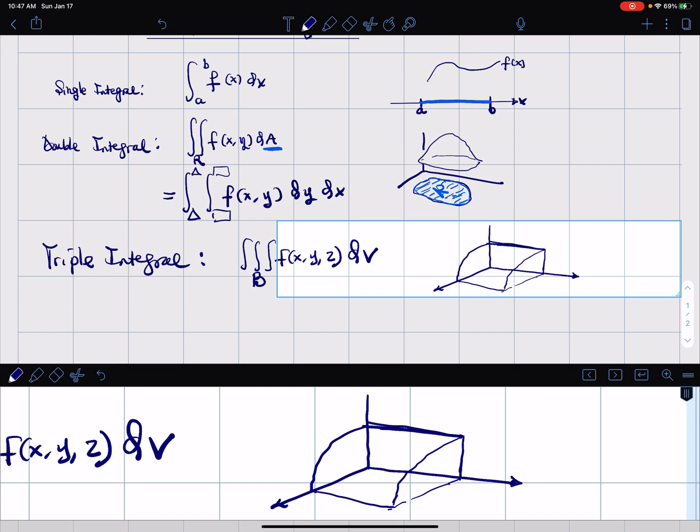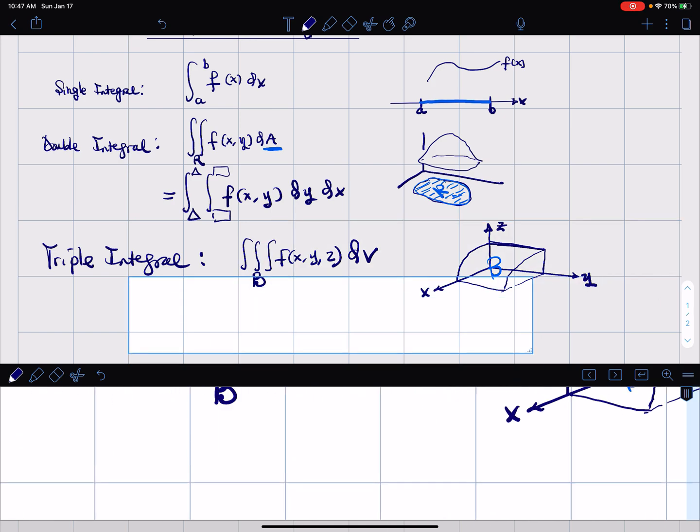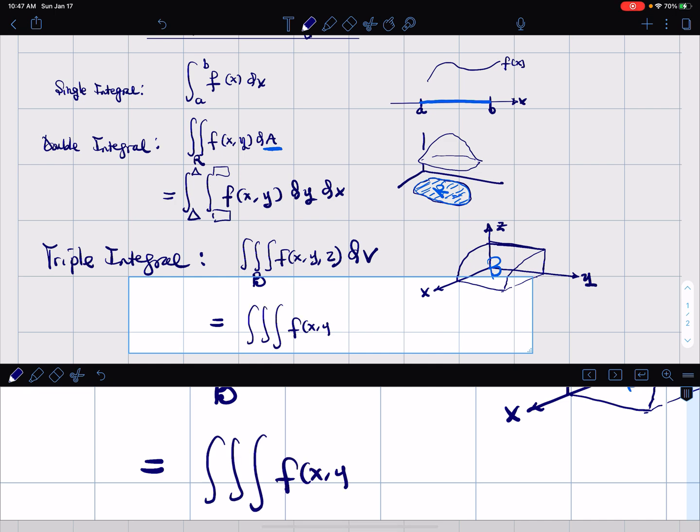So this is your region of integration, call it B. This is your x, this is your y, and this is your z. When you set it up, you end up with three different single integrals, so maybe you get dy, dz, dx, something like that.